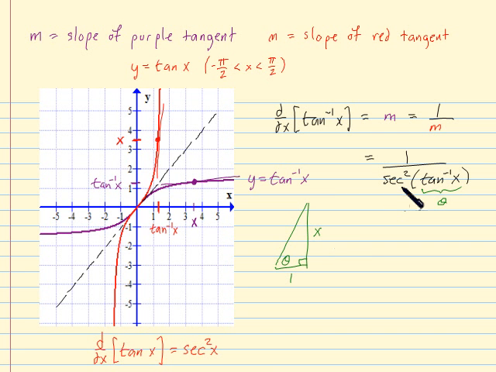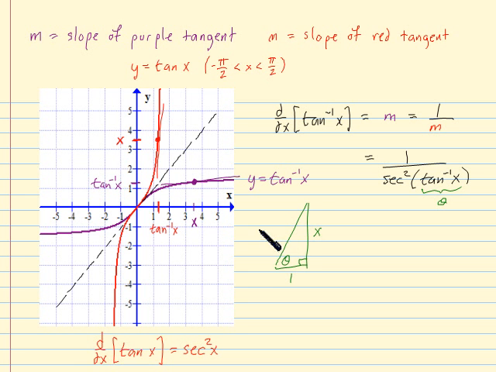What is the secant squared of this angle theta? Well, of course, secant of theta is 1 over the cosine of theta, which means I need to be able to figure out what the cosine of theta is. Cosine is adjacent over hypotenuse. What's the hypotenuse? Couldn't we use the Pythagorean theorem here to find out?